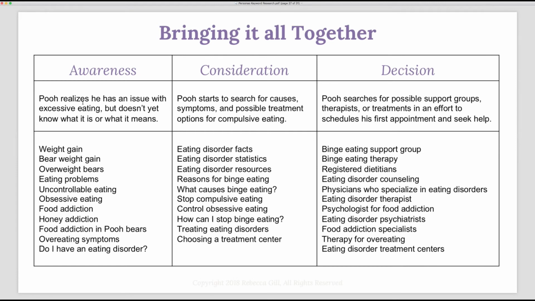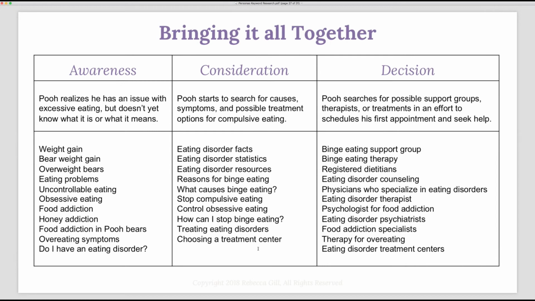Awareness is Pooh realizing he has an issue with excessive eating and doesn't know what it means. So here are the more generic phrases he would look at, because these are the things that he knows innately within himself that would be good search terms. Now he starts to get educated and looks for causes, symptoms, and possible treatments for compulsive eating because he's educated himself.